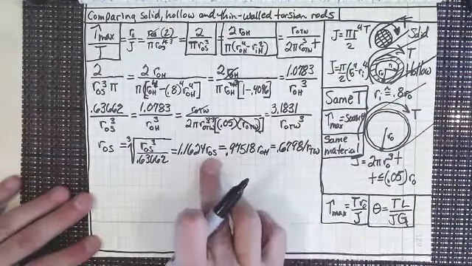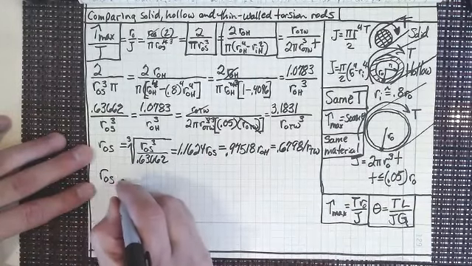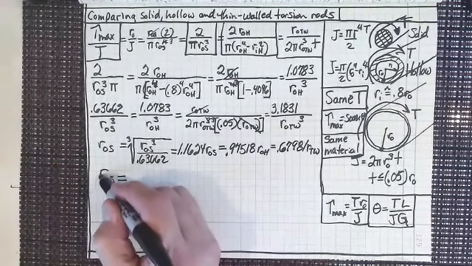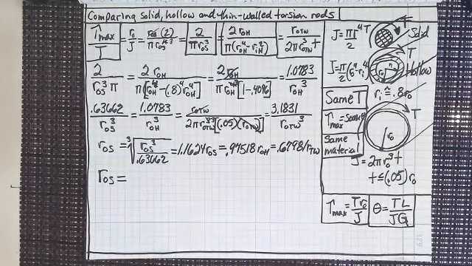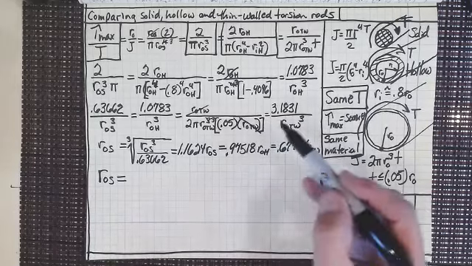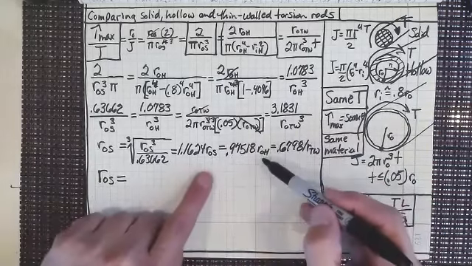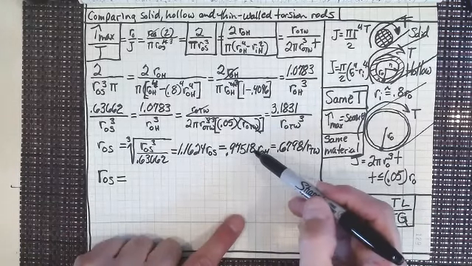And what I want to do is compare them to the outer radius of the solid shaft. Let's just do the comparison, and then we actually come up with an outer diameter of a shaft and see how they would compare. So the outer radius of the hollow shaft would be 0.9758.